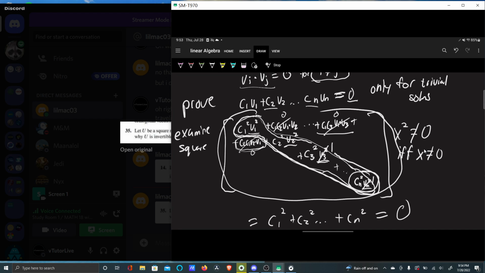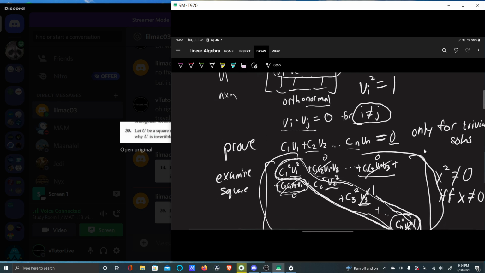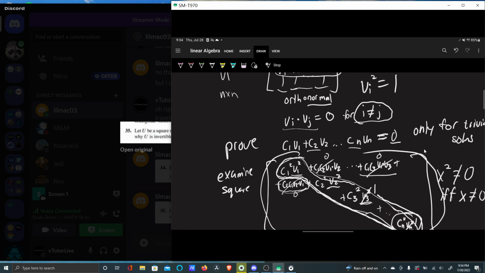There were probably other ways to prove this, and maybe I chose a way that's a little bit overcomplicated. But the fact that these are orthonormal is hinting that all of these are probably going to be independent of each other. And the way I chose to make that proof was by examining the square of this statement.